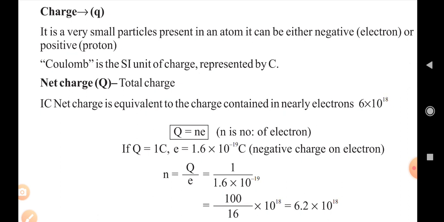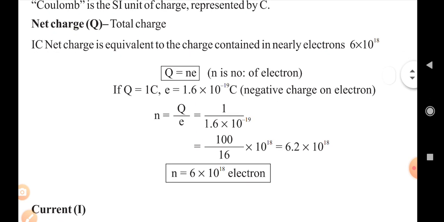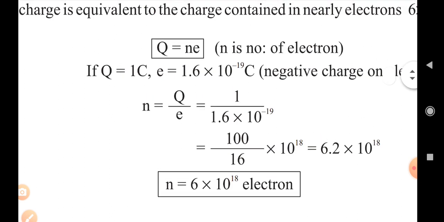Now we can calculate by using the formula Q equal to Ne, where Q is the net charge, N is the number of electrons, and e is the amount of charge on one electron, which is 1.6 into 10 to the power minus 19 Coulomb. As Q equal to Ne, on separating them, N equal to Q by e.